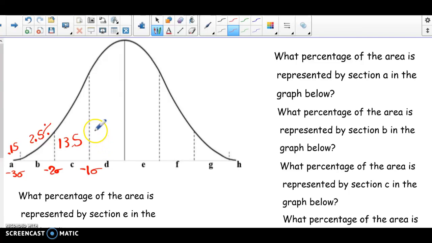Section D is going to be 34. E is 34. And then we keep going because remember, it is symmetrical. So that means that it matches up on both sides of our graph. All right. So all of these questions just follow what's the area, what's the percentage under each area.